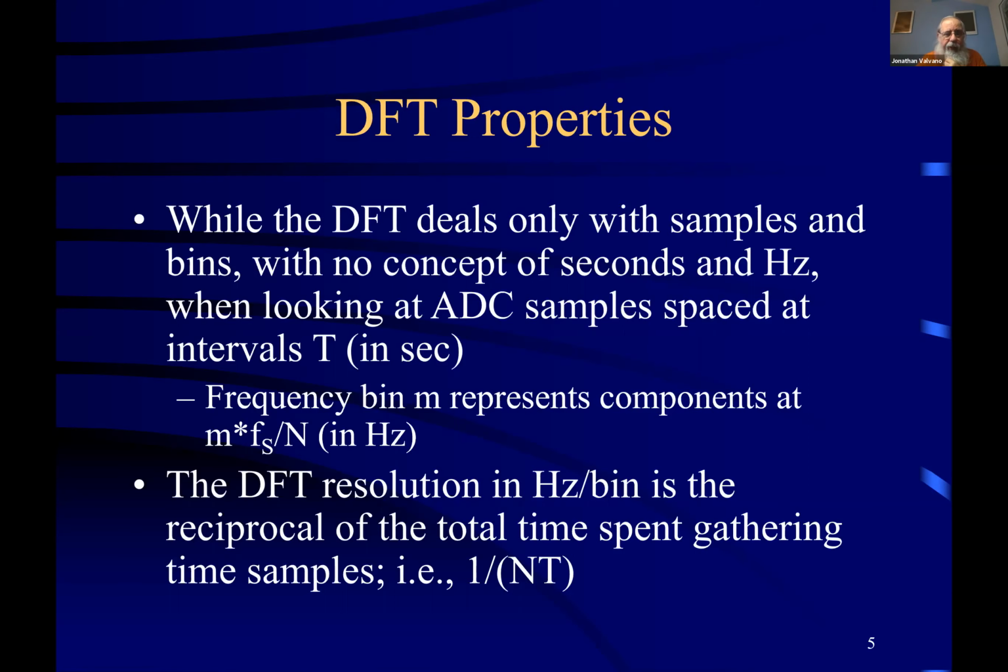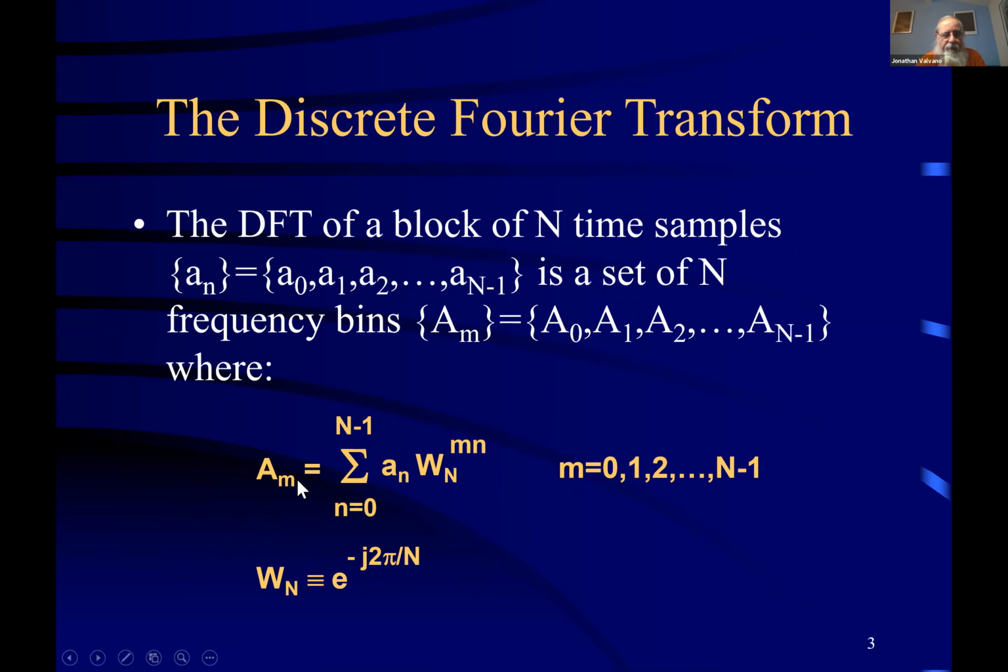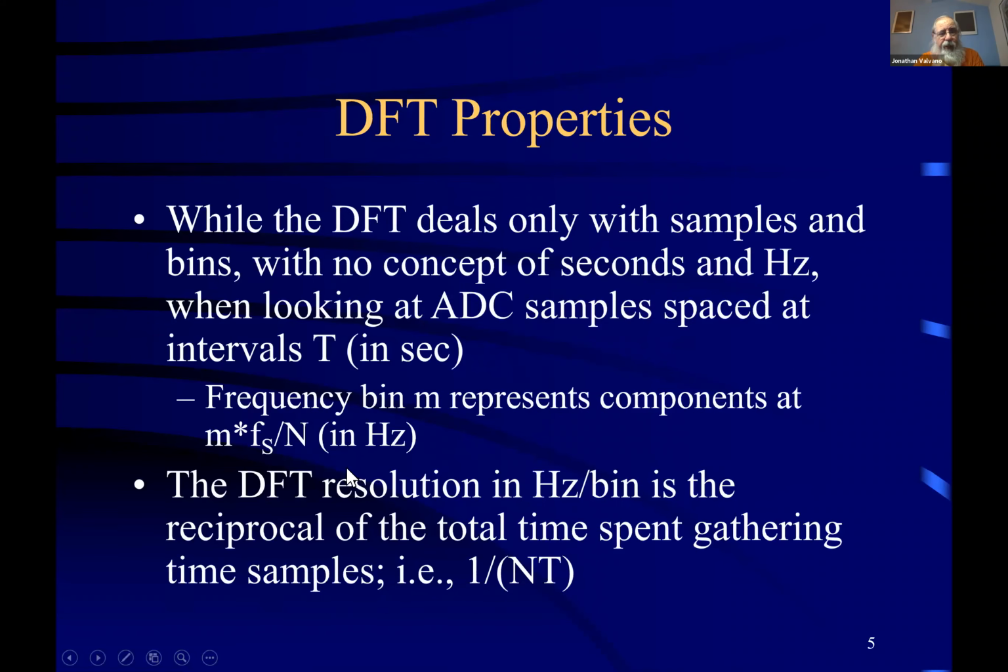The numbers you get here, these little m's, are the amplitudes in the frequency domain, and the equivalent frequency at bin m is m fs over N. So the resolution, now this is where he's got a different T. In his definition, T is 1 over fs, and in my definition, T was all of N. But nevertheless, it's the same equation. 1 over the total sampling time is the frequency resolution.